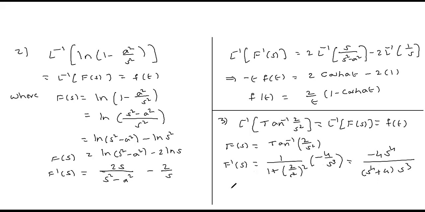So f dash of s is going to be minus 4s by s power 4 plus 4. Is that okay?